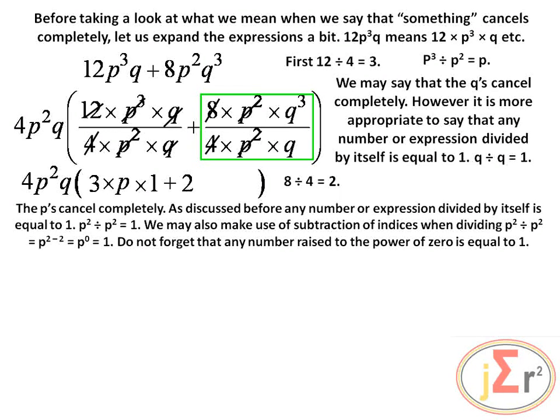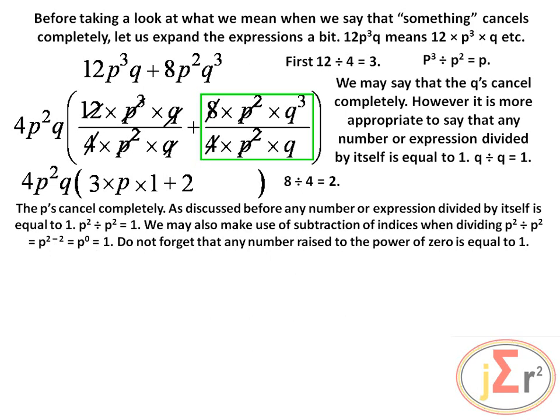So p squared divided by p squared is equal to 1. We may also make use of the subtraction of indices when dividing. P squared divided by p squared, p to the power of 2 minus 2, subtracting the indices, p to the power of 0, and that is equal to 1.